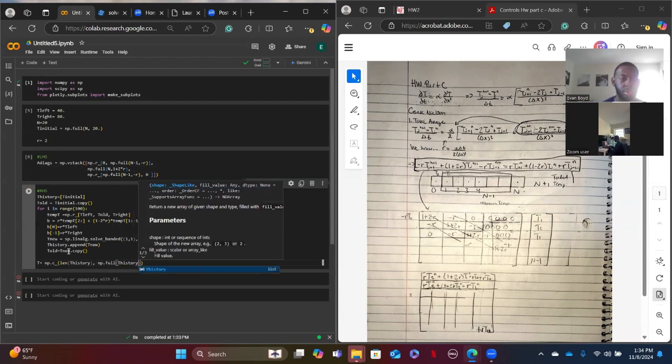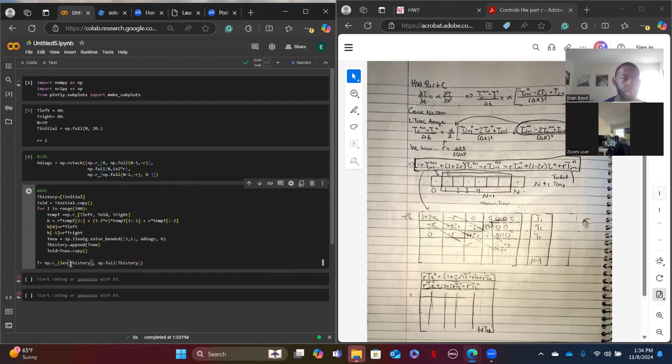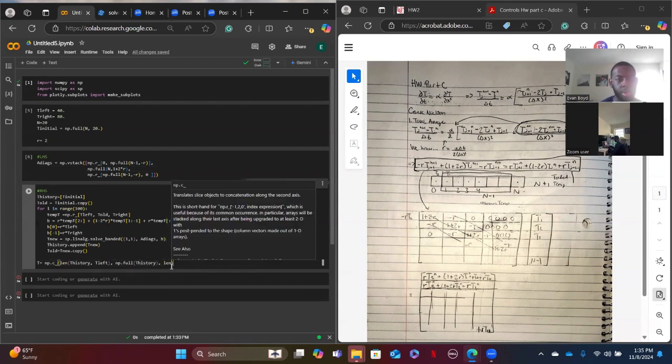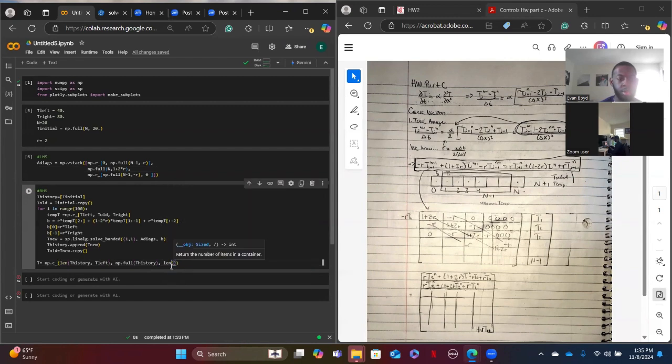So it's length of T history, and then comma, of T left. And then it's MP dot full. And then we have length of T history of T right.